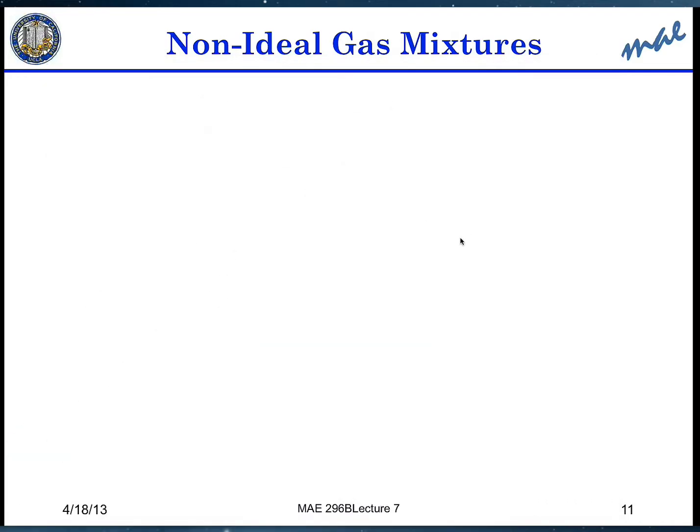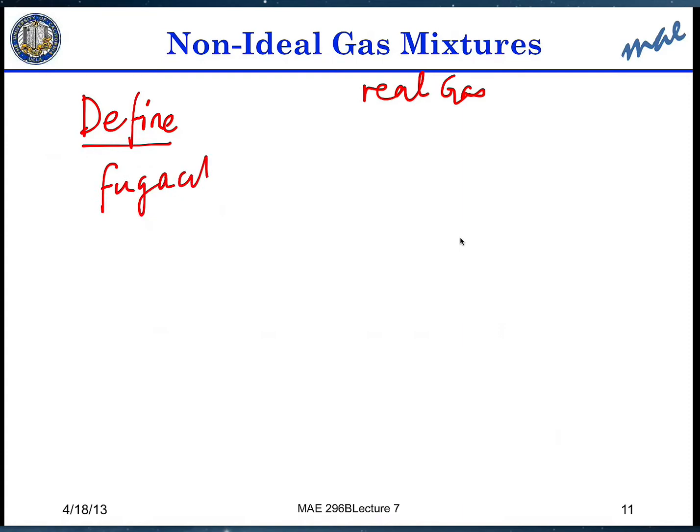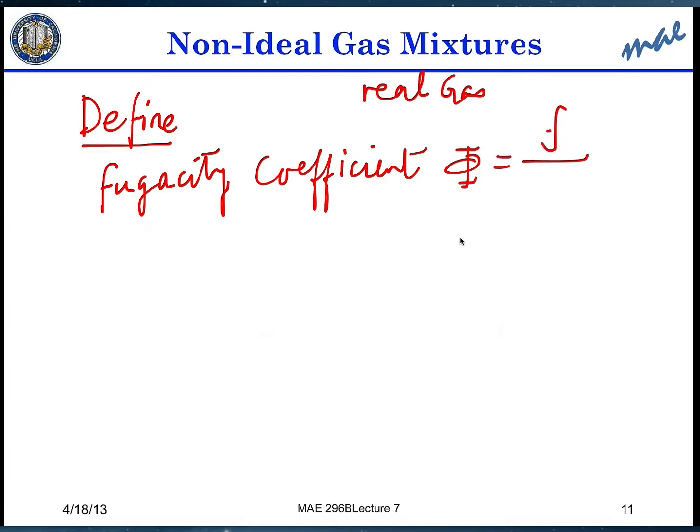So for the case of a real gas, I'm going to define the fugacity coefficient. And the fugacity coefficient is just a help to tell us how to compute the fugacity from the pressure.